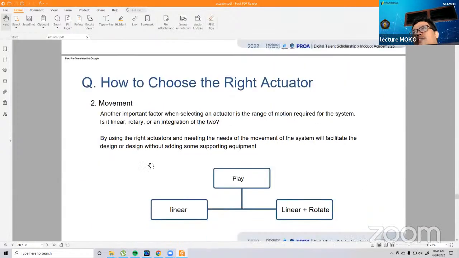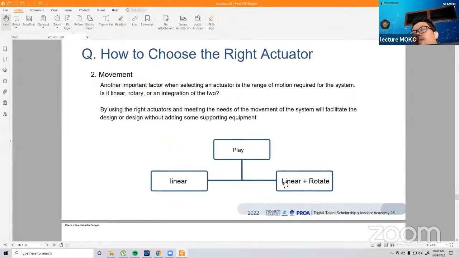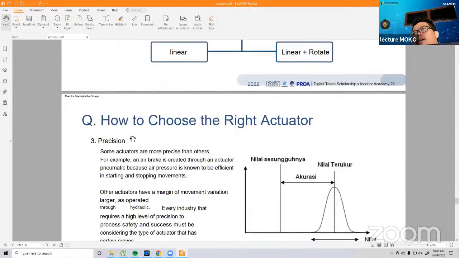And the second is we need to consider the movement of our system. For example, we need to use a linear actuator or a rotary actuator. So it depends on our system and the problem that we need to solve.